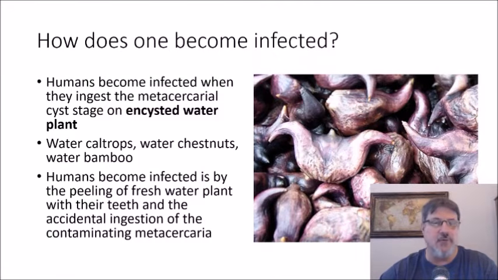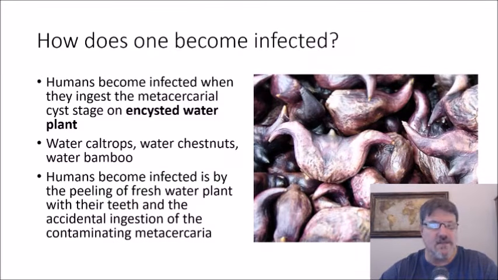Some examples would be water caltrops, which we have a picture here that you can take a look at. It's this funny looking bowl-shaped nut sort of plant that people will eat. They'll bite the skin off to get to the meat of it. And while they're doing that, if the metacercaria stage of the parasite is on it, they will end up ingesting it and get infected.